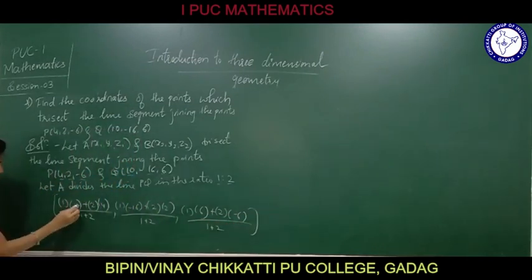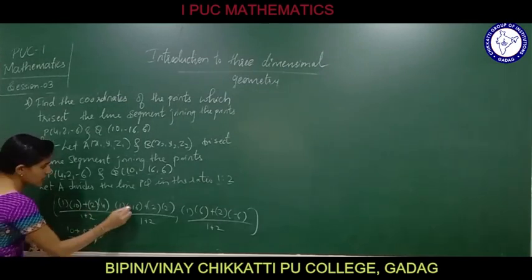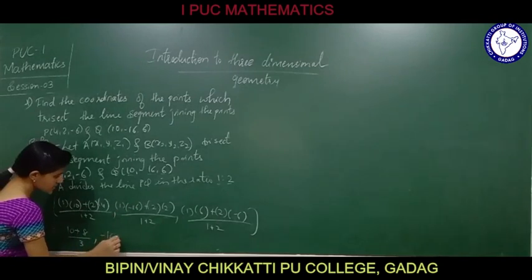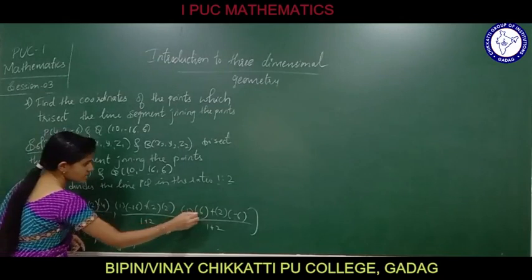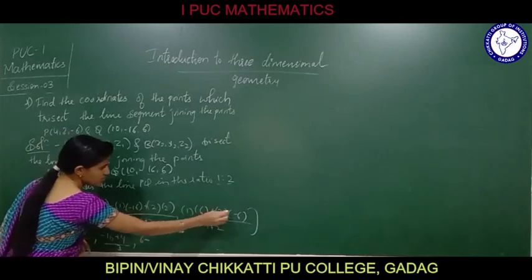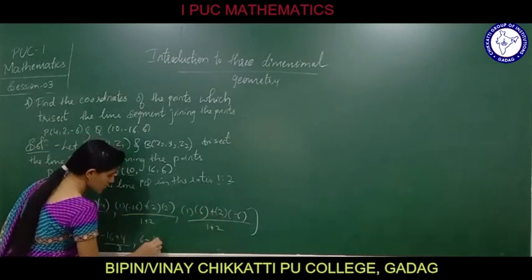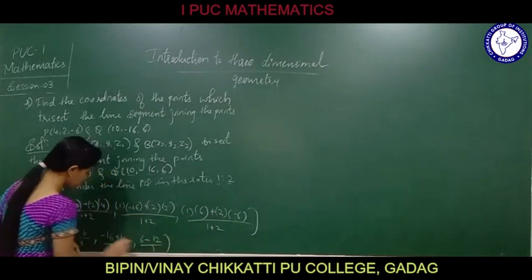Simplify. What are we going to get? 10 ones are 10 plus 2 fours are 8 divided by 3. 16 ones are 16, minus 16 plus 4 divided by 3. 6 ones are 6, minus plus into minus is minus, 6 twos are 12 divided by 3.